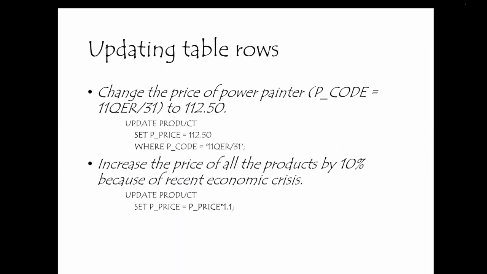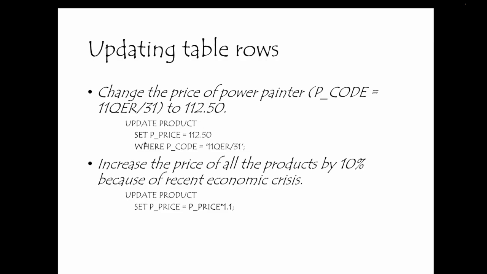Next one is updating table rows. To update the data, we are going to use a syntax called update and the table name. So update product, for example. And when you update, we are changing the value of one specific column.